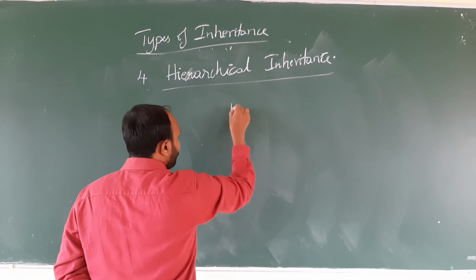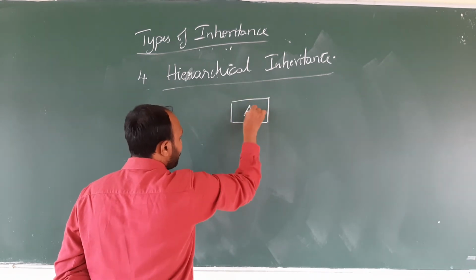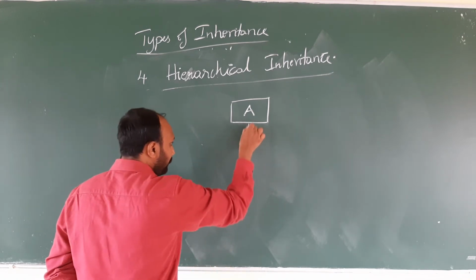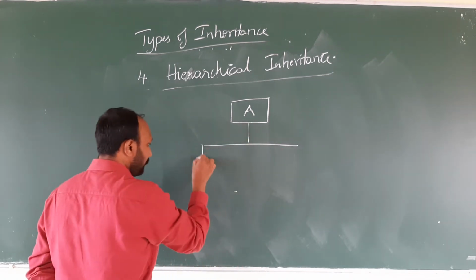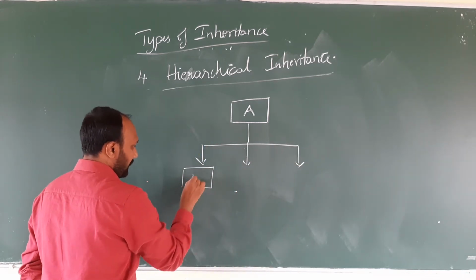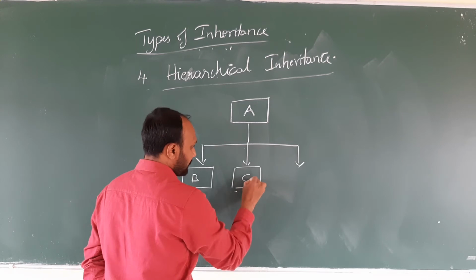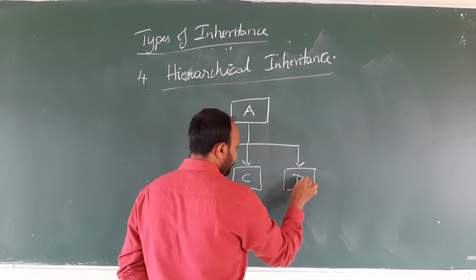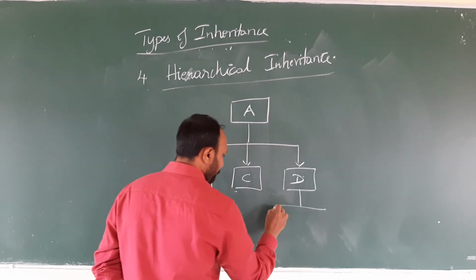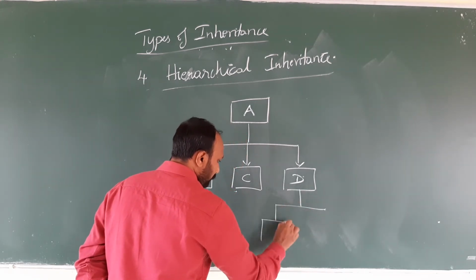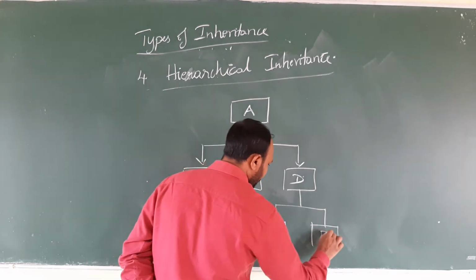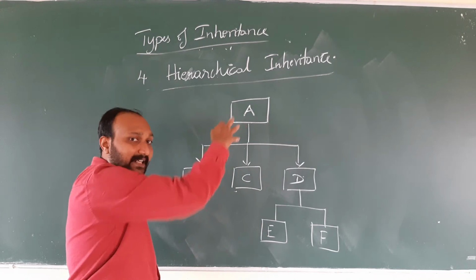Let us say we have a class A. From this class, we will be deriving three more classes: class B, class C, class D. Again from class D, let us say we derive two more classes, E and F. So here there is a hierarchy.